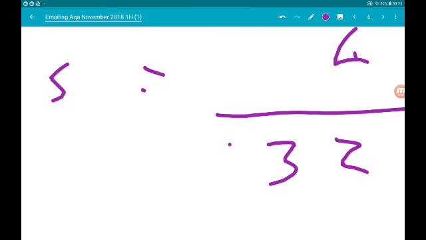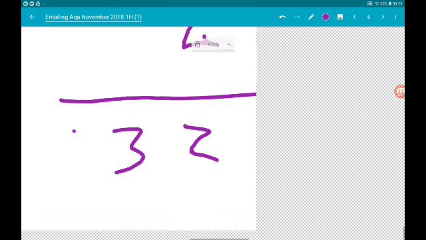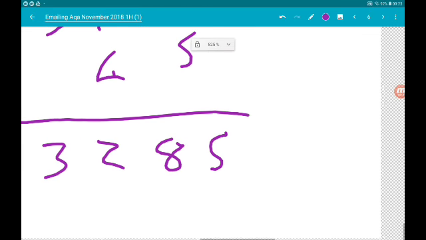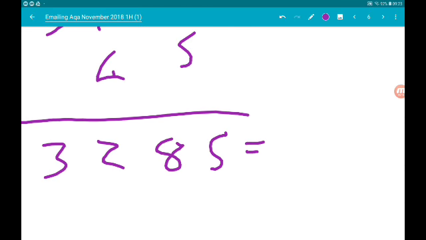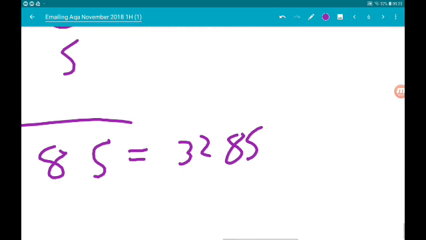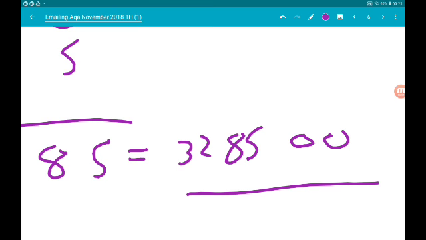So, 100 times this, it's going to give us 3285 with 2 zeros on the end. So that is 328,500.